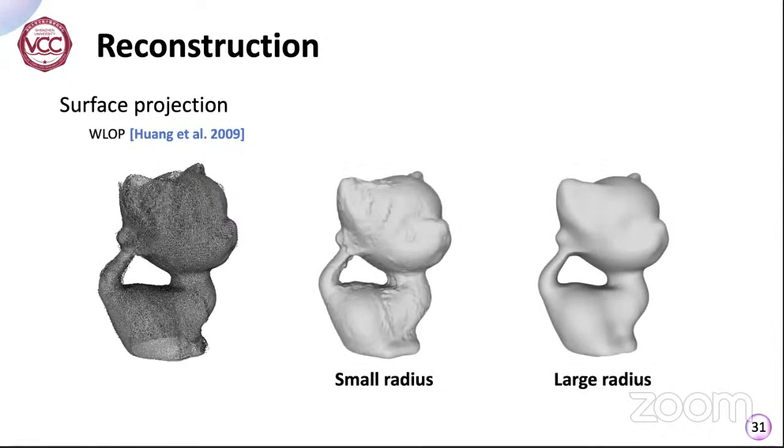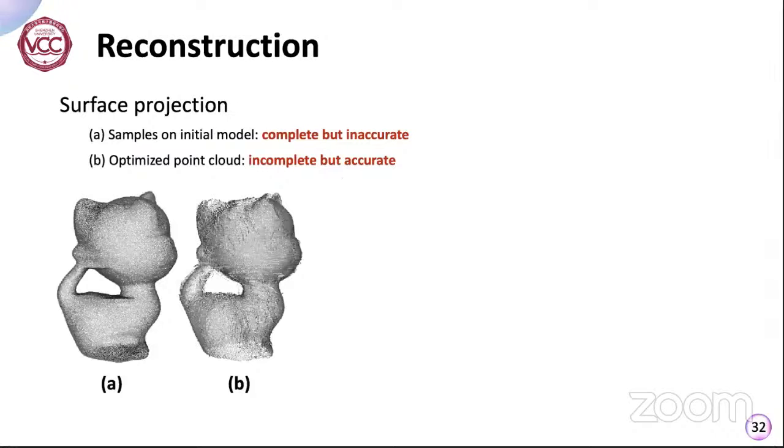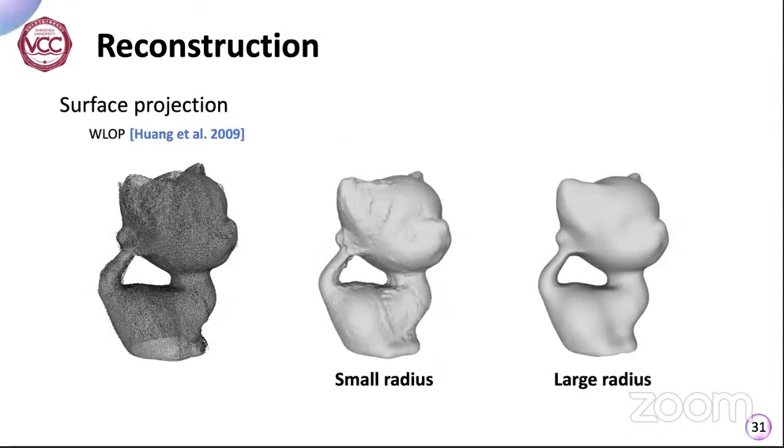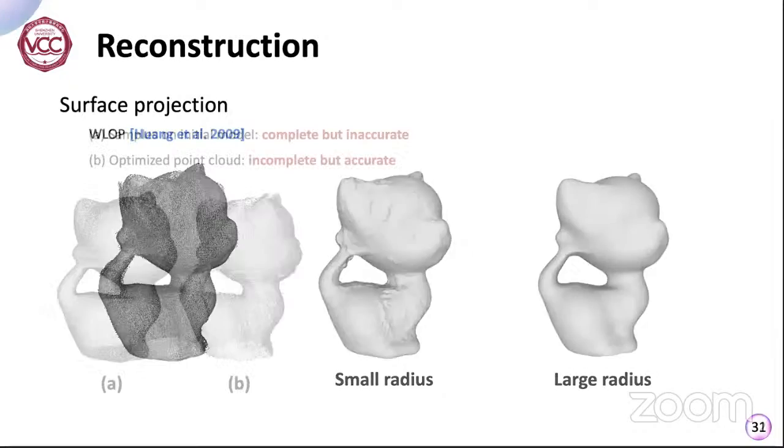So with this, only one parameter needs to be tuned, the radius of the local neighborhood. It turns out neither a small radius nor a large radius is suitable, because the result is either noisy or otherwise over smooth.